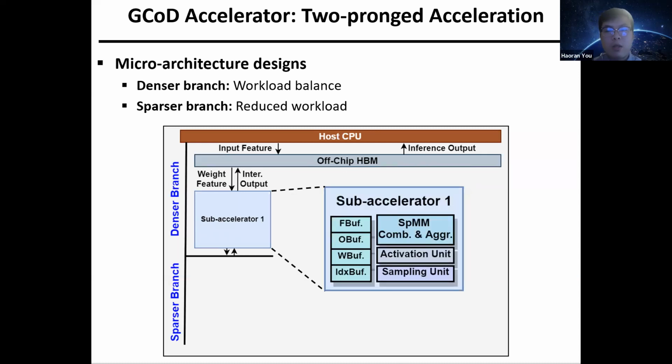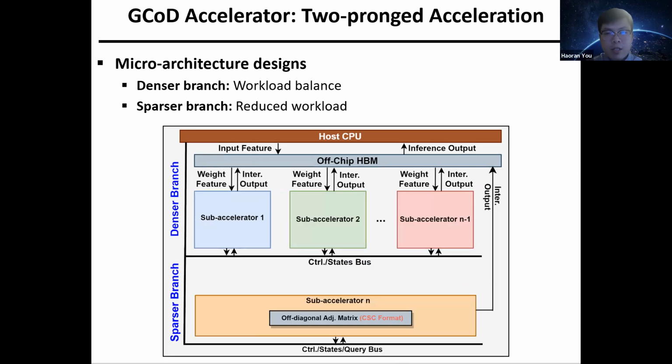Each subaccelerator includes buffers to hold input features, output features, weight, and index. Also, it contains sparse-dense matrix multiplication units to handle both the combination and aggregation phases. The sparser branch is shown in the bottom part of this figure.